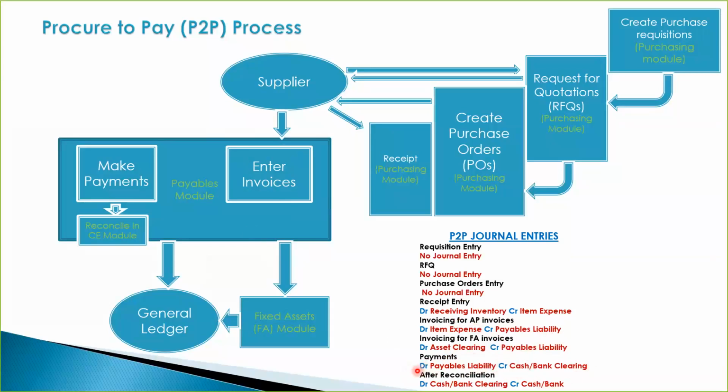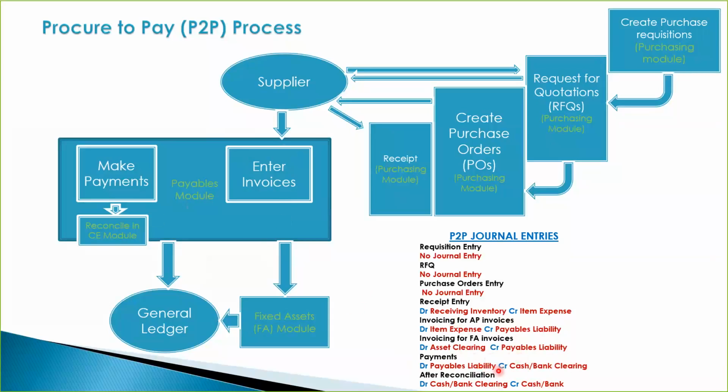Now, I must say that for this clearing entry to be there, the client has to be using the cash management module. If there's no cash management module, it will basically be a credit to cash or bank, meaning the money is moving out of the business bank account for the payment.